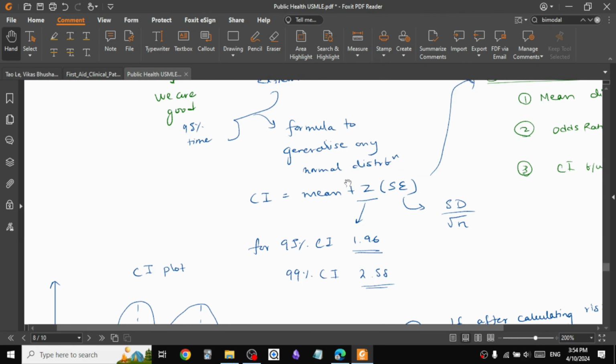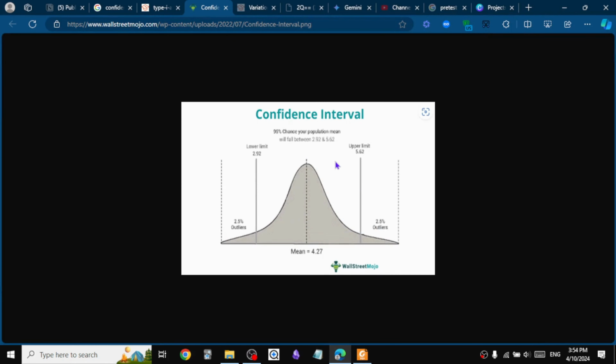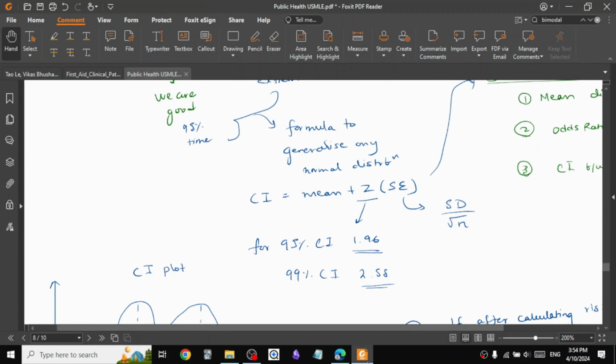So what are we actually doing? In this graph, for a normal distribution, the z score for 95% of the data is 1.96, and for 99% it is 2.58. So 95% of the data should fall within a z score of 1.96.